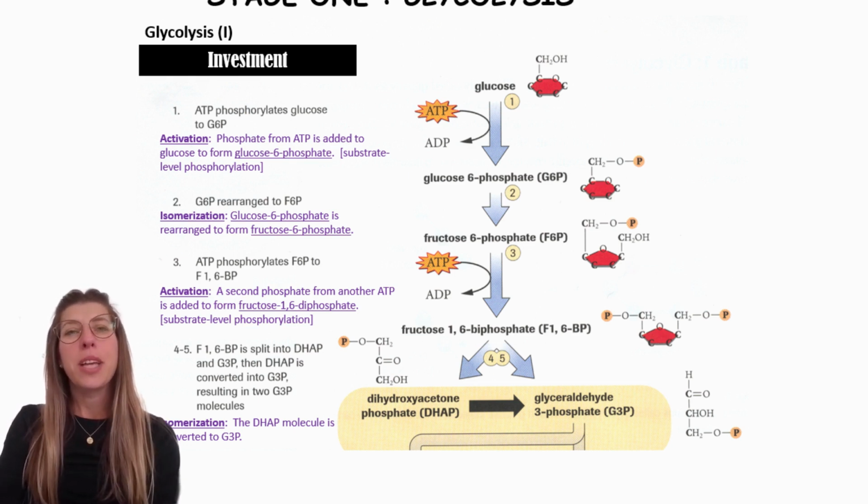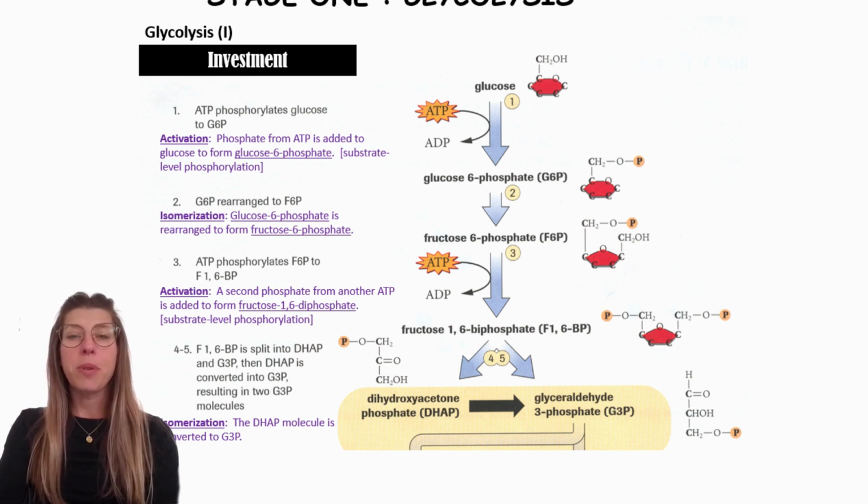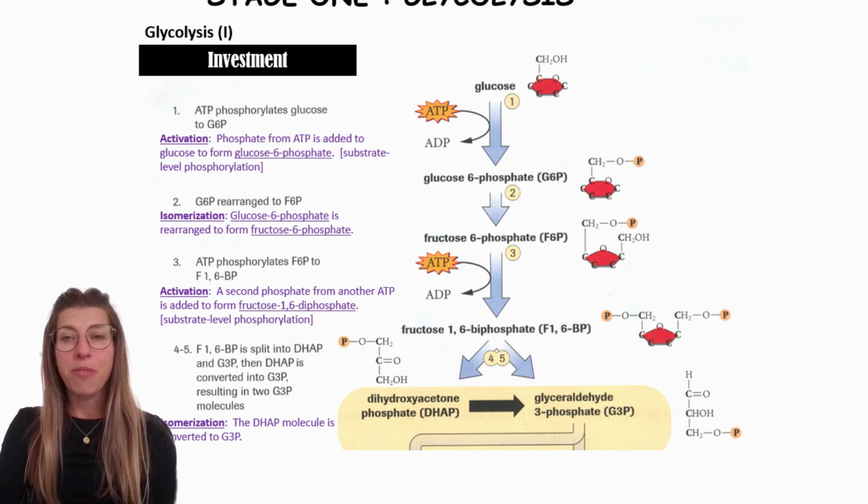This is actually a type of activation where the phosphate, there are 3 phosphates on that adenine nucleotide. There are 3 of them, and 1 phosphate from ATP is added to glucose to form a new compound. Now it has a P on it, called glucose 6-phosphate. That's what G6P stands for. This is an example of substrate level phosphorylation. A phosphate breaks off and joins with glucose.